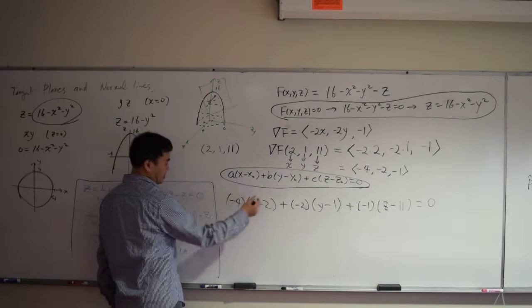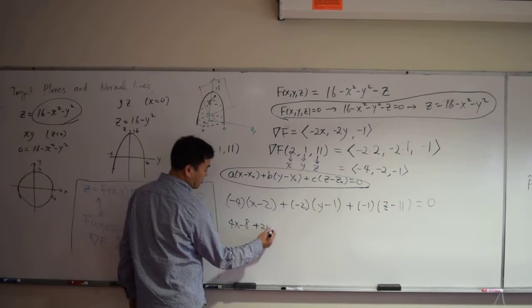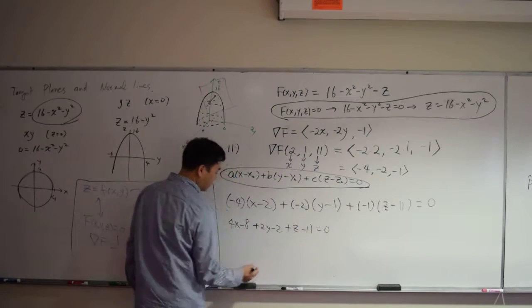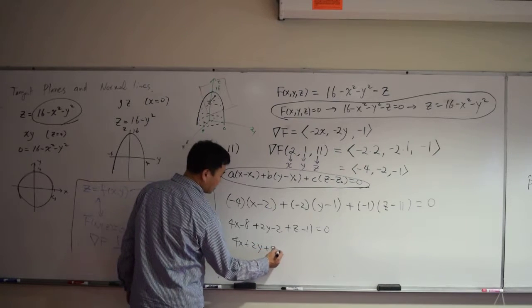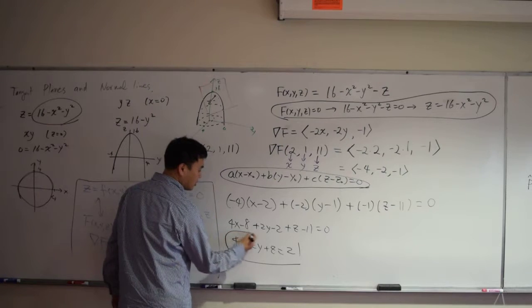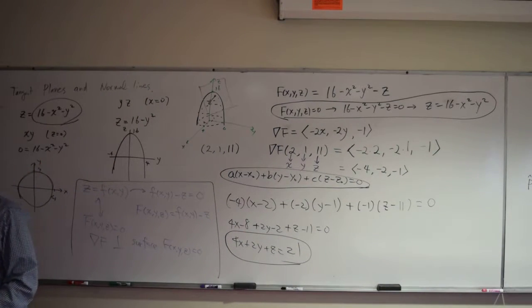And then multiply these out so you get 4x minus 8 plus 2y minus 2 plus z minus 11 equal to 0. And then 4x plus 2y plus z equals 21 on the other side. That's the equation of the plane that we have. Okay? So that's how you do the tangent planes.